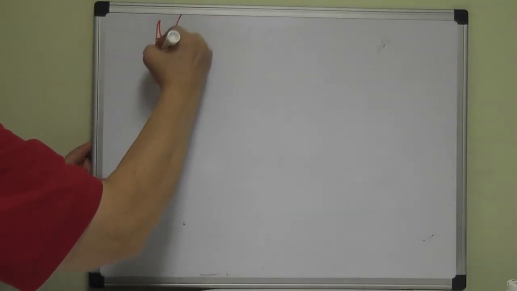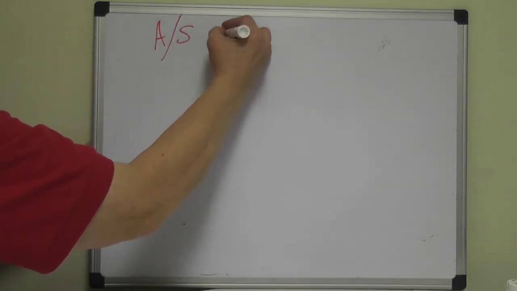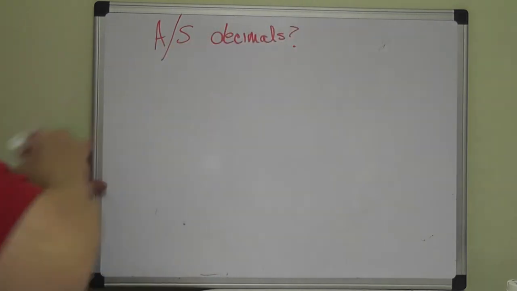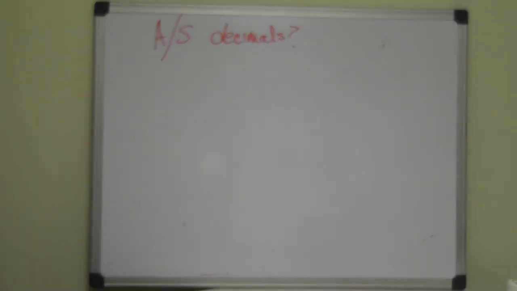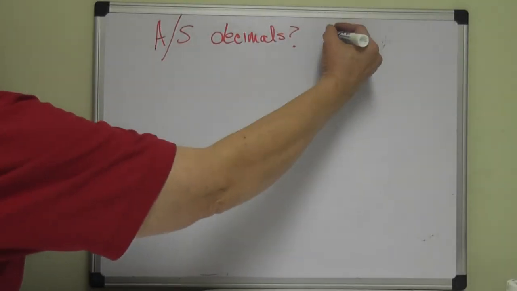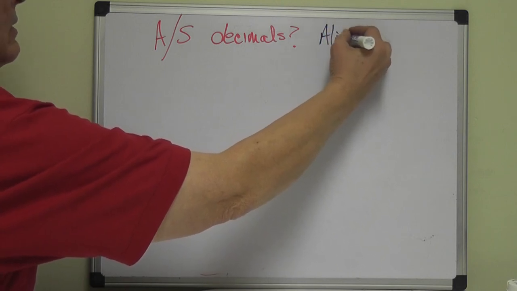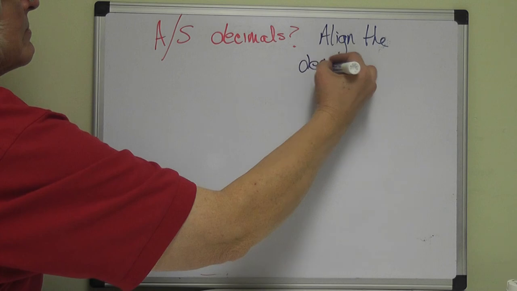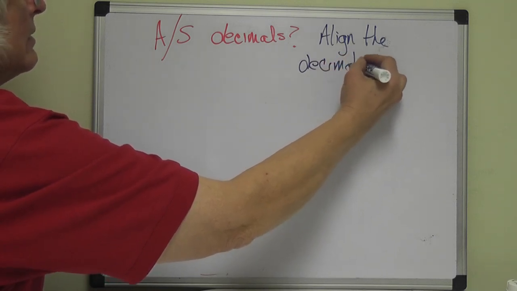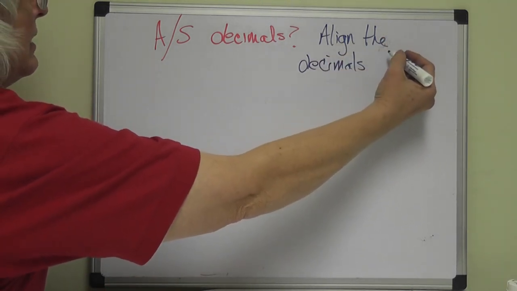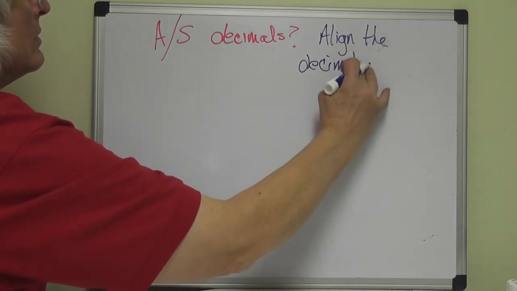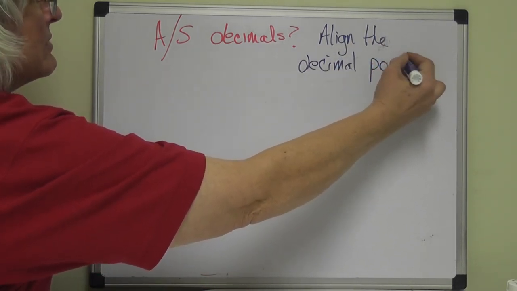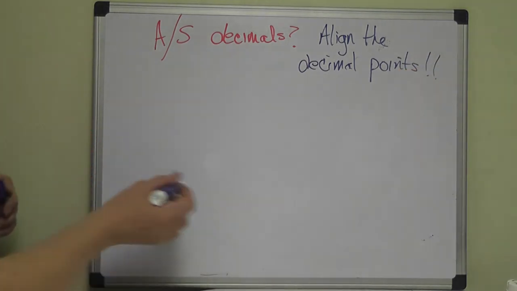So if you're going to add or subtract decimals, what do you need to make sure that you do? You need to make certain that you align the decimal points. That's your secret key here. Align the decimal points. If you do not align your decimal points, you've got a problem.